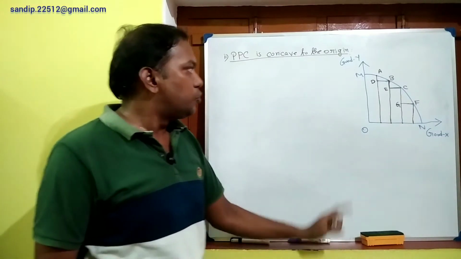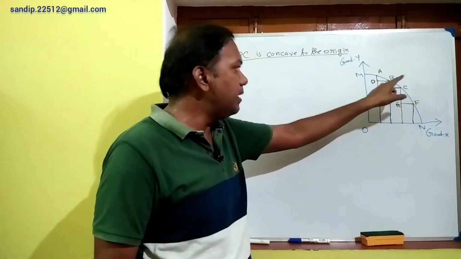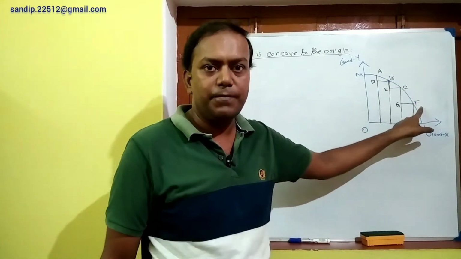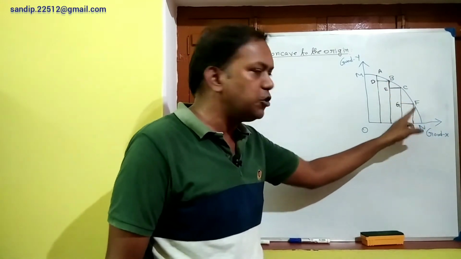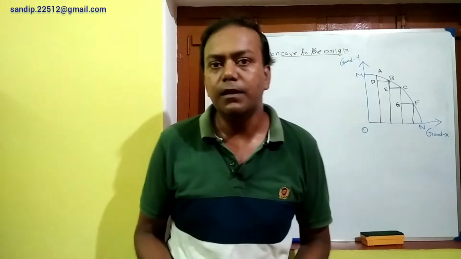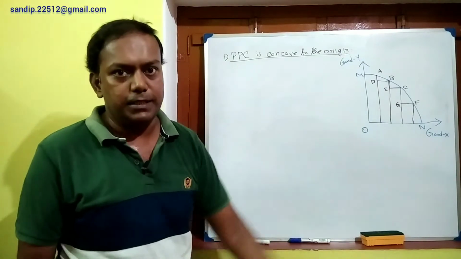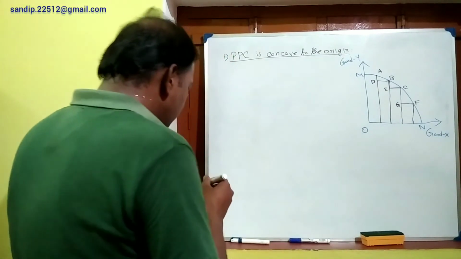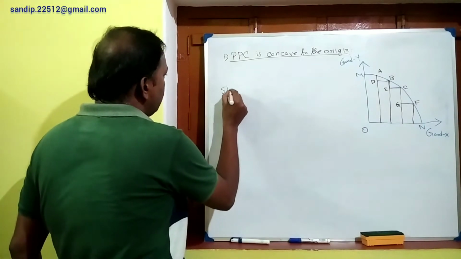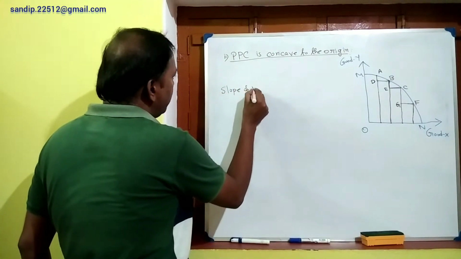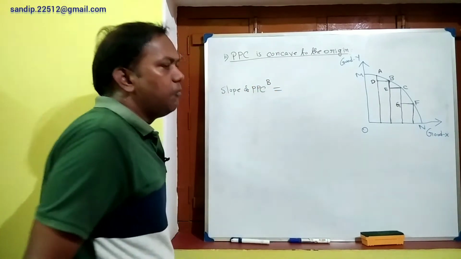Now, if I find the slope of the PPC at point B, at point C, at point F, and if I can prove that the slope of the curve is gradually increasing, then we can prove that yes, PPC is concave to the origin. Okay, the idea is clear. So students, you see, if I take the slope of PPC at point B, then what will be the slope?